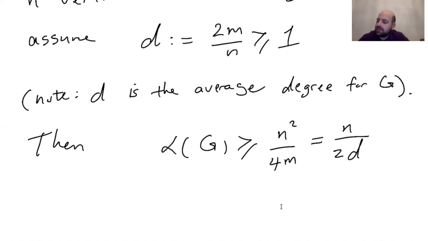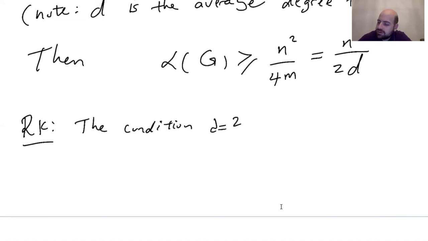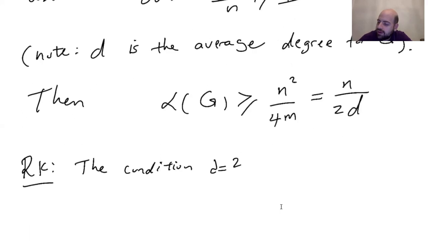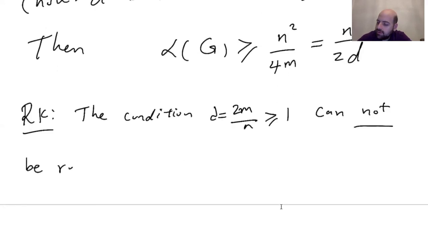Another remark is that the condition that we had in this theorem, which said that 2d equals 2m over n is bigger than or equal to 1, cannot be removed.